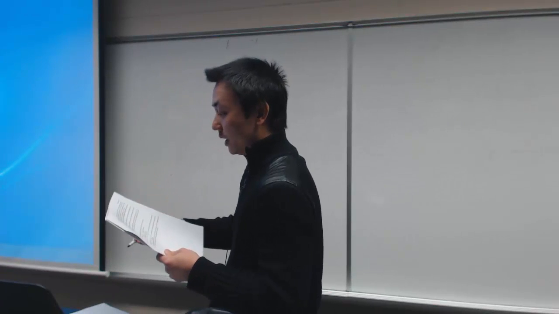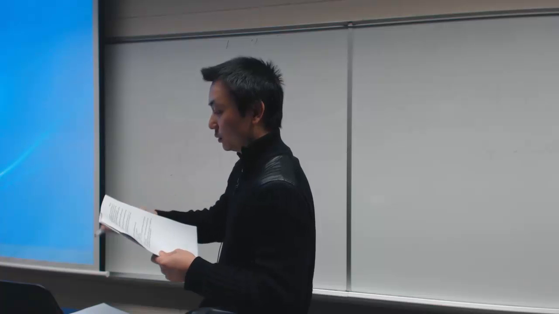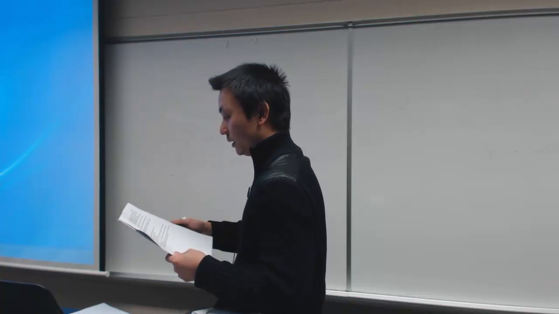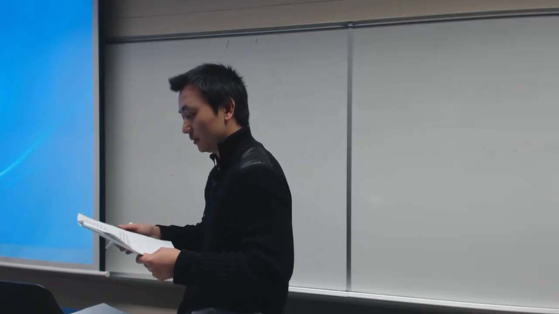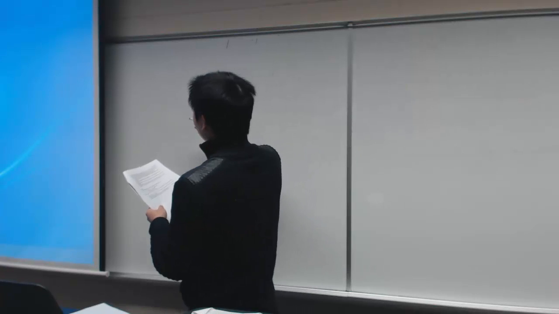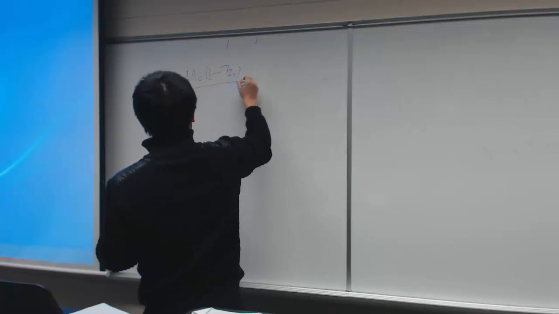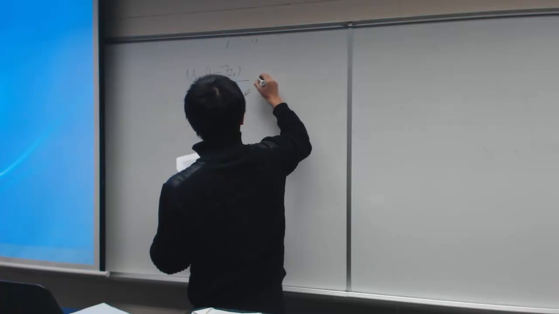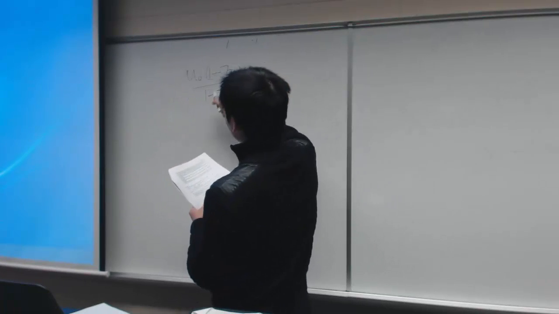But if you only write the final result without the derivation process, then you'll have some points removed. So the longitudinal is 1 minus E1 cosine theta. So this is the longitudinal.